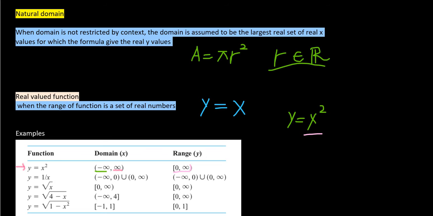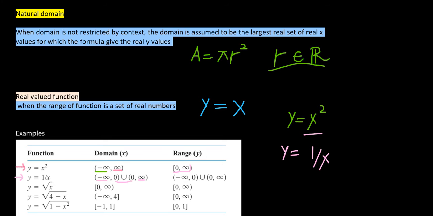In the next example, you can see that we cannot put the value 0 in our x. So the domain also doesn't contain the value 0. We can put any negative value or any positive value, but in both conditions, we cannot put 0 in any way.